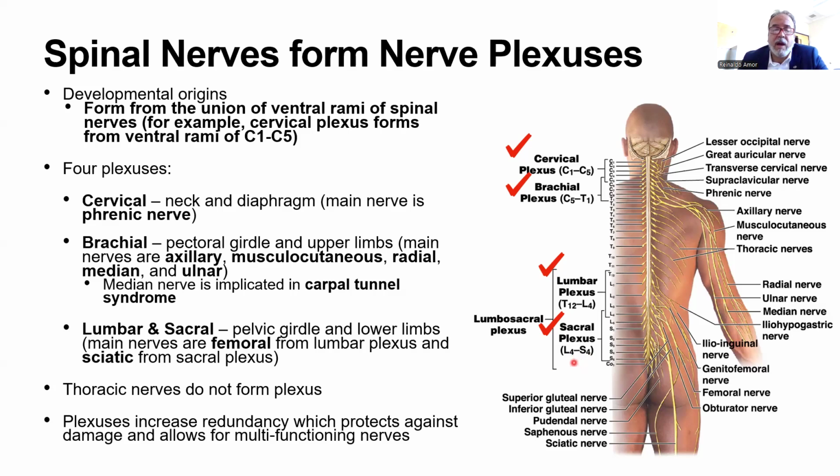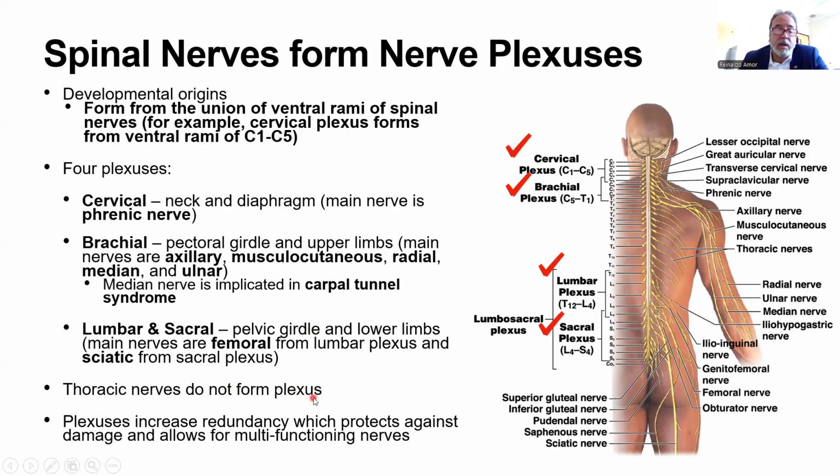The main peripheral nerve that receives contribution from the sacral plexus is the sciatic nerve, which controls your hamstrings and the muscles of your lower leg. Okay, this is very interesting. Now, the thoracic nerves do not form a plexus.